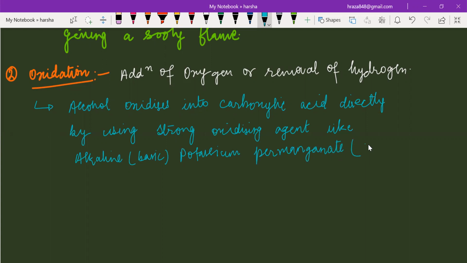It has a formula KMnO4, and heat, or acidified, that means acidic, acidified KMnO4, K2Cr2O7.